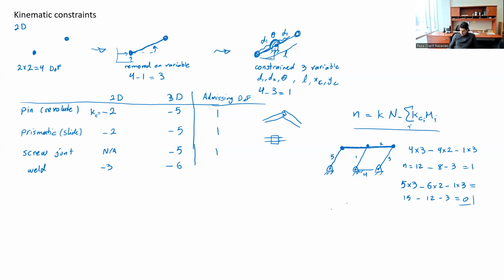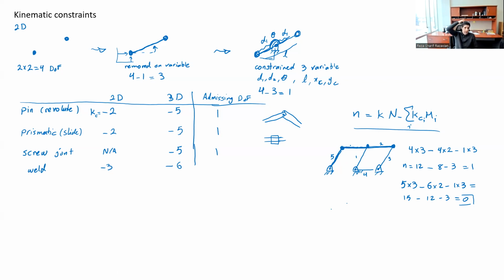So that's kind of curious. It is mathematically correct. But something to remember is that this equation does not take into account the shape of our mechanism. If all these links are parallel, we know that the system can move.